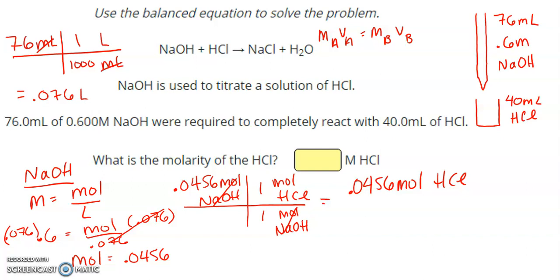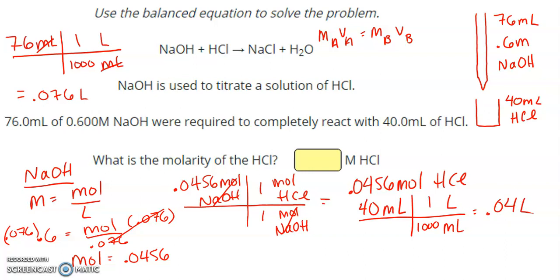I'm trying to find the molarity of HCl, so I need M equals moles over liters. Let's see, I have moles. I need liters. I'm going to take 40 milliliters. Drag down milliliters, go to liters. 0.04 liters.